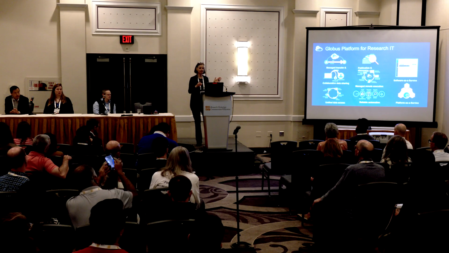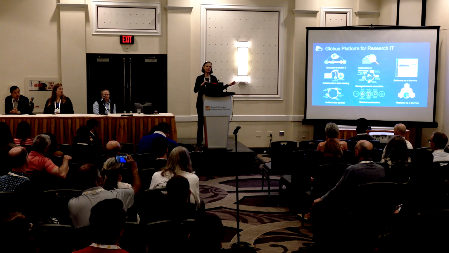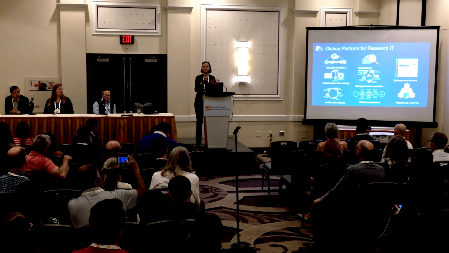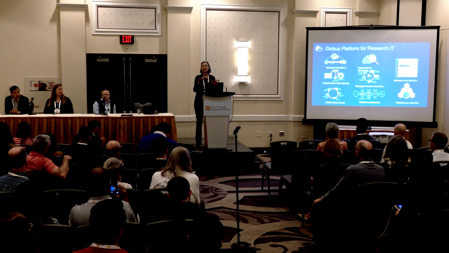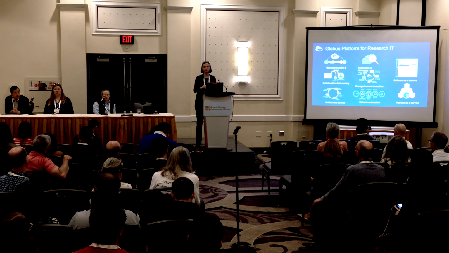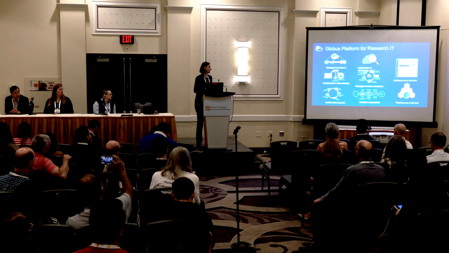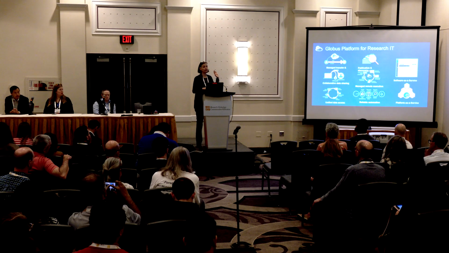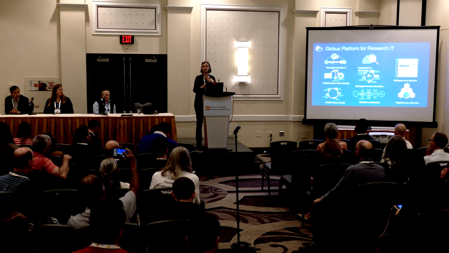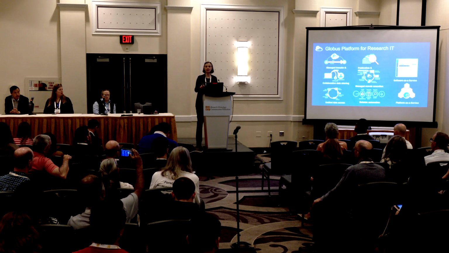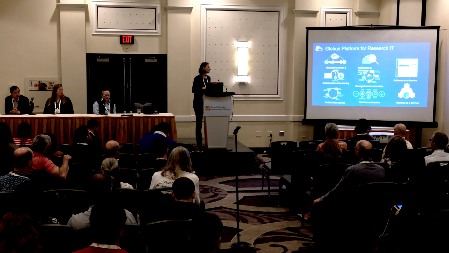So Globus is especially good at managing tasks across different systems at different institutions, for example, in different storage systems, different compute centers, and orchestrating all of those dependencies. And everything I've talked about is available through an API, and we use our own APIs to provide clients, a web client and a command line interface.